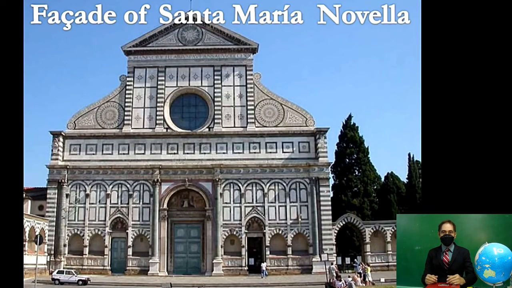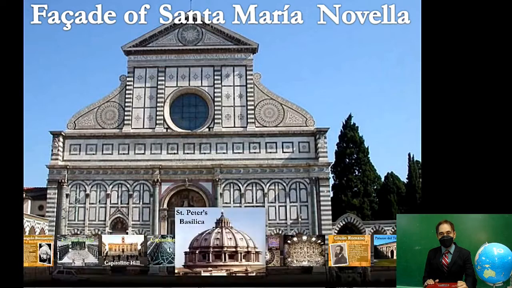The facade of Santa Maria Novella. Well, this is a mix of architectural styles. It uses a pointed arch, meaning a little influence from Islamic architecture, and the curves here indicate that it is in the time of the Baroque period, and the rose window indicates the period of High Renaissance.